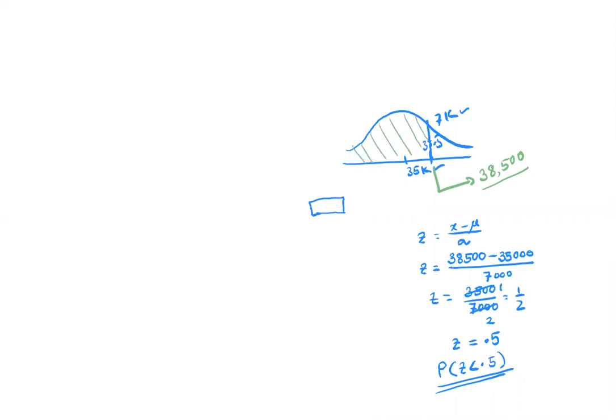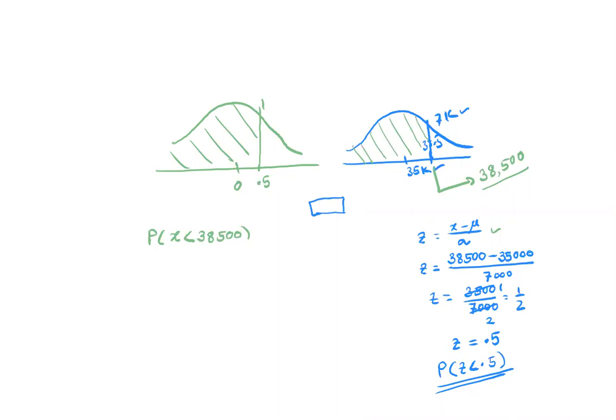By using the z-score formula, we actually came to the standard normal distribution, which is 0 and 1, and this point is 0.5. So the probability that a randomly selected person makes less than 38,500 is the same.